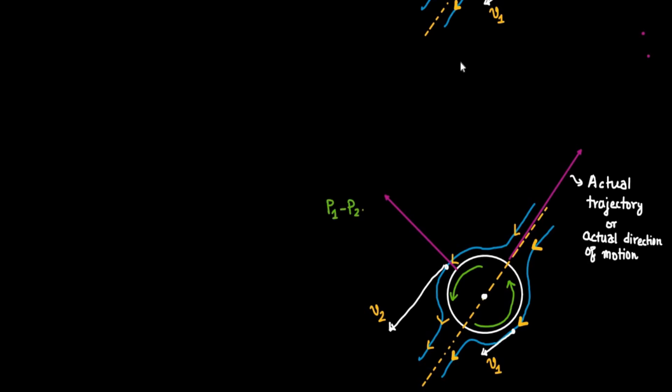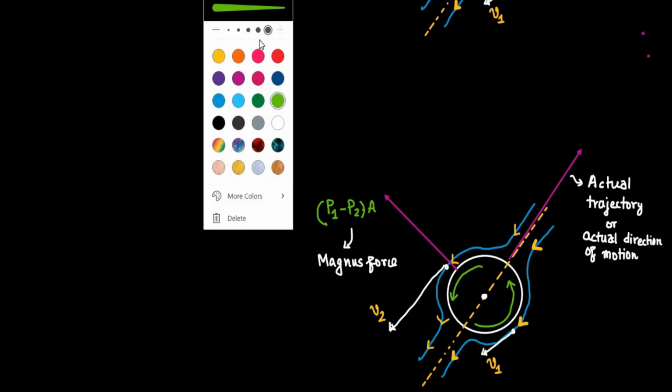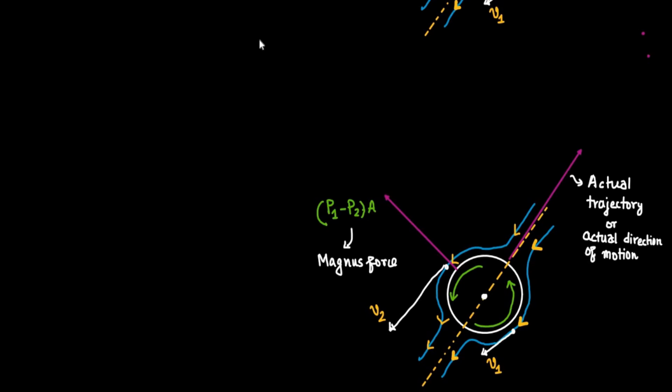Magnus force, that is P1 minus P2 into A, acts towards left on the ball due to difference in pressure, because air flowing on the two sides of the ball will be moving with different velocities, and the football or ball will follow this curved path. That means the football departs from its actual trajectory under the action of Magnus force.